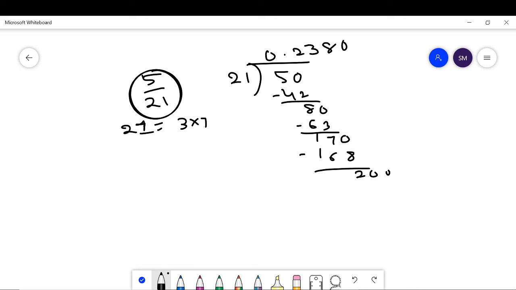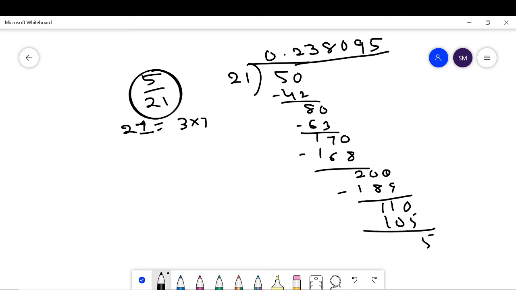Then 21 nines are 189, then 11, 0. 21 fives are 105. Then next 5. Then these numbers get repeated.